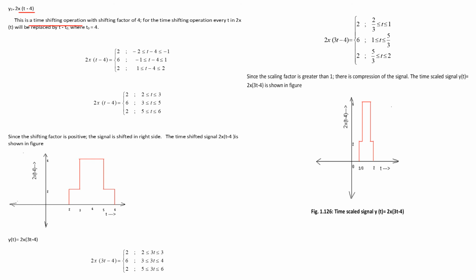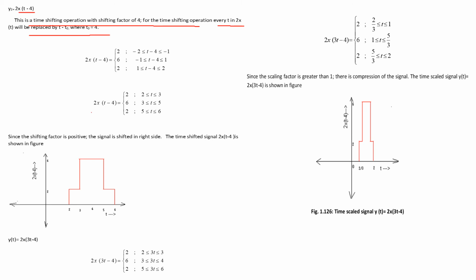The next is y of t minus 4. First of all, you have to do the time shifting operation, that is, t minus 4 means a shifting operation. Every t in x is replaced by t minus t0, where t0 is equal to 4. This means the first result, 2 into x of t, is shifted right by 4 samples. That's it.